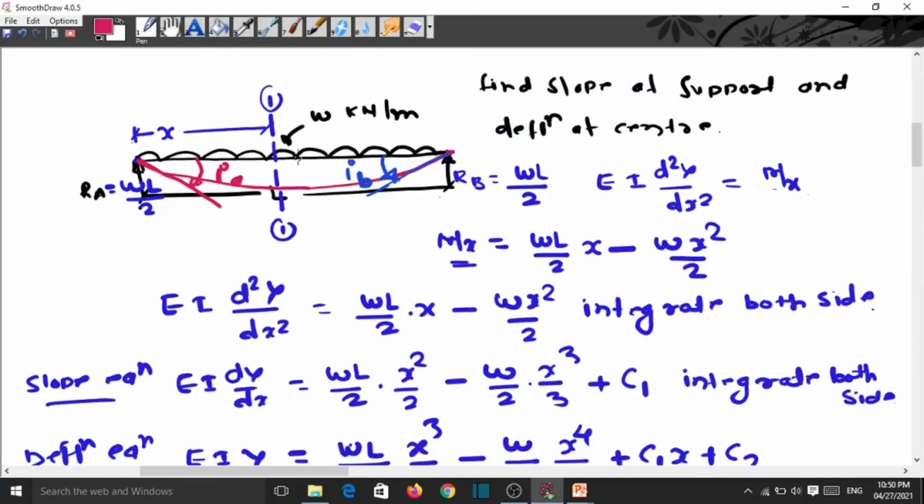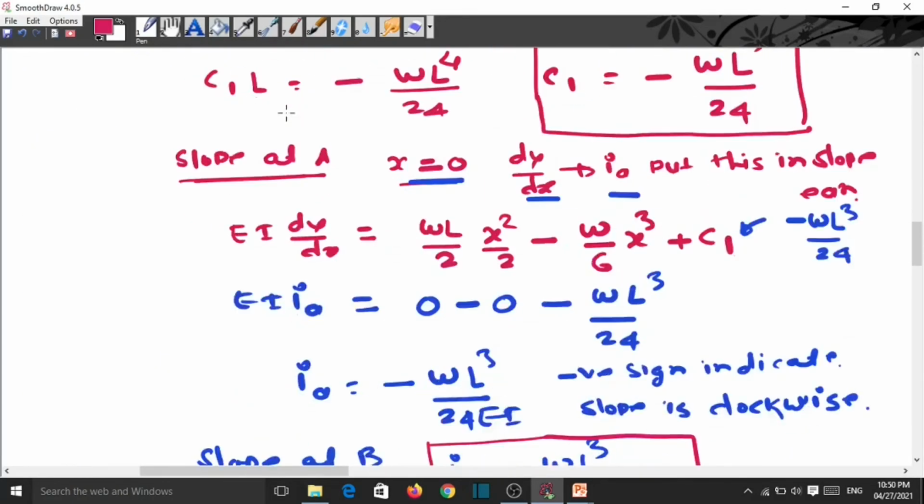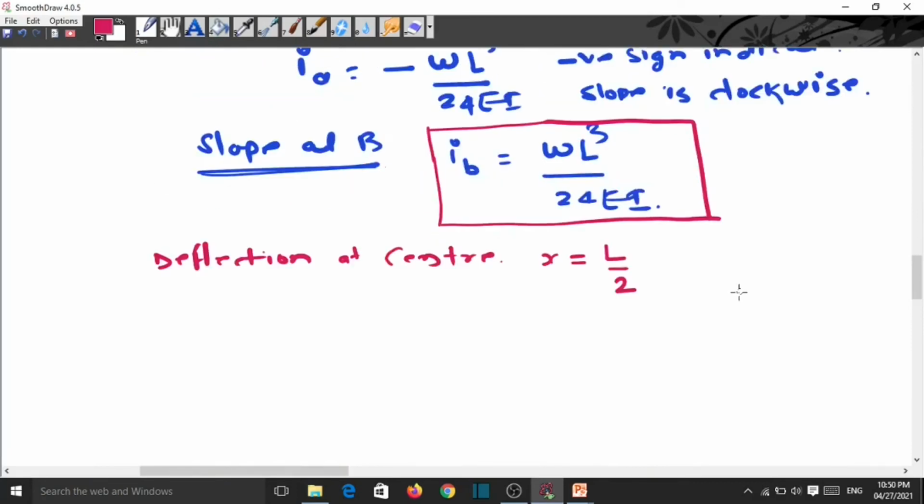Here at center, suppose this point is C. So this is L by 2. So we have to put x is equal to L by 2. So this y becomes YC at the center.